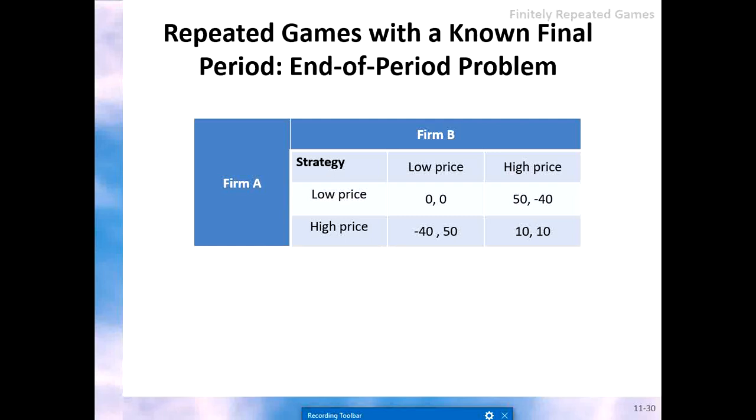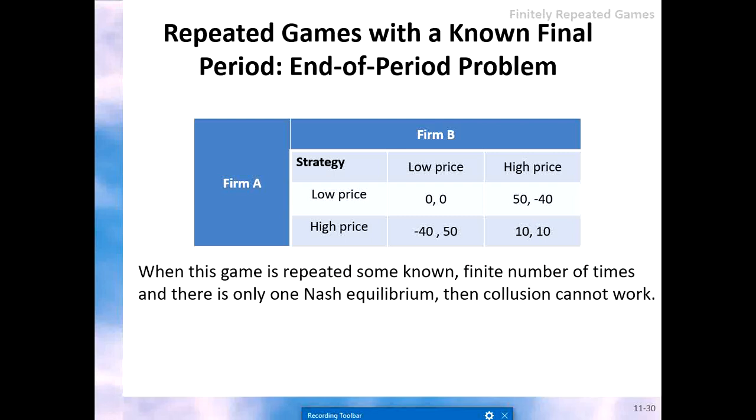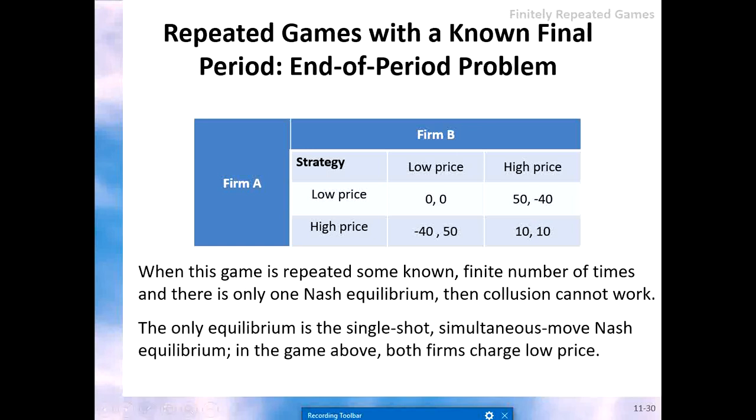Therefore, what is the problem with repeated games with a finite period, or the end-of-period problem? When this game is repeated a finite number of times and there is only one Nash equilibrium, collusion cannot work, which means we already know the number of times the firms are going to play. Here collusion would not work.